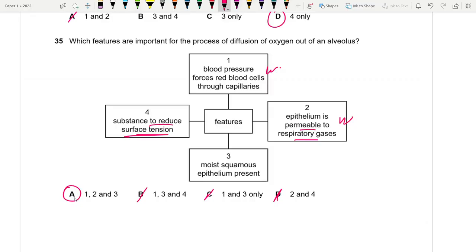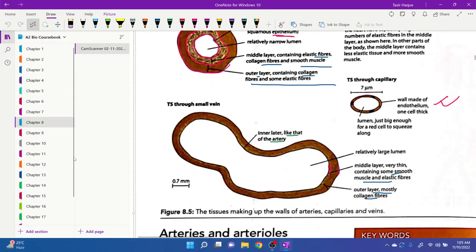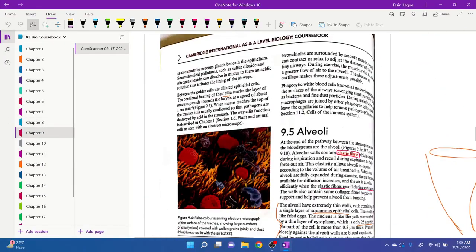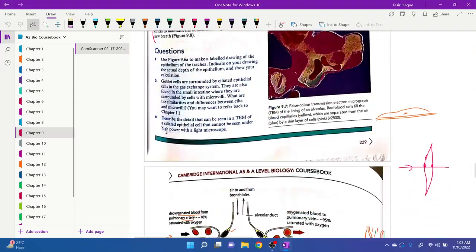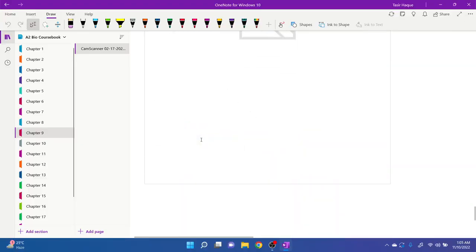The pressure forces red blood cells through the capillaries due to the high pressure. And yeah, the moist squamous epithelium helps to do so. This is very important. You will see this in the course book in chapter 9. Where is this actually? This part?